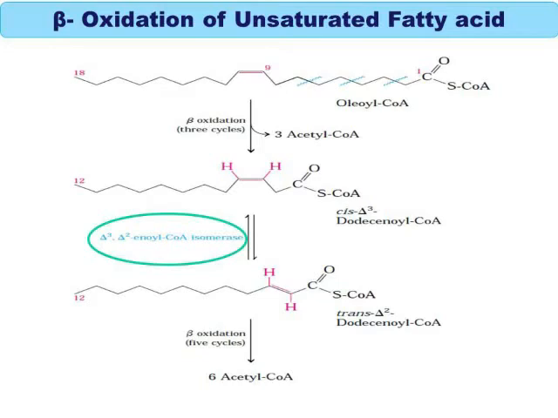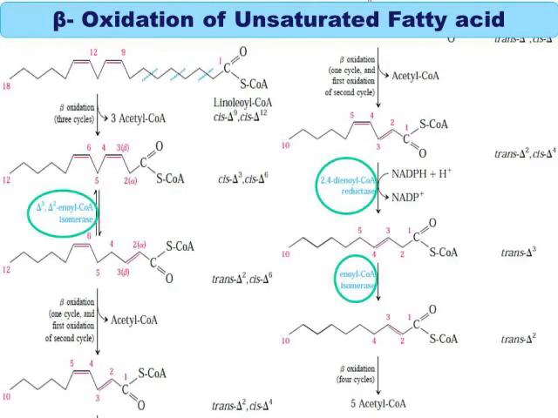again undergo beta oxidation. With linoleic acid, after 4 cycles of beta oxidation, delta 4 cis enoyl-CoA will be formed, which by acyl-CoA dehydrogenase will be oxidized to delta 2 trans, delta 4 cis dienoyl-CoA and then reduced by dienoyl-CoA reductase to delta 3 trans enoyl-CoA and then isomerized to delta 2 trans enoyl-CoA by delta 3 cis, delta 2 trans enoyl-CoA isomerase.